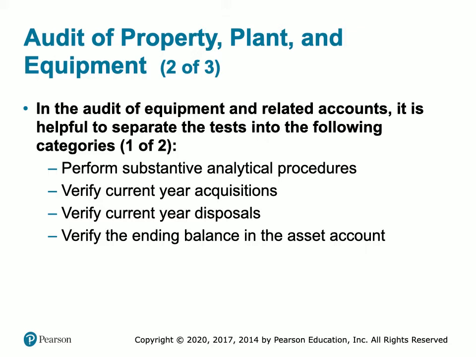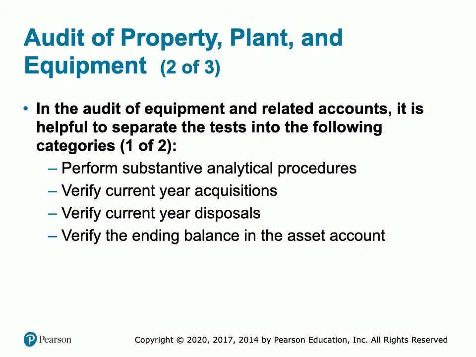You do some analytical procedures, especially on depreciation expense, but you can also perform some analytical procedures on acquisitions, and then you'll sample the acquisitions. You'll sample the disposals, and that should roll. Those lists should roll forward into your ending balance.